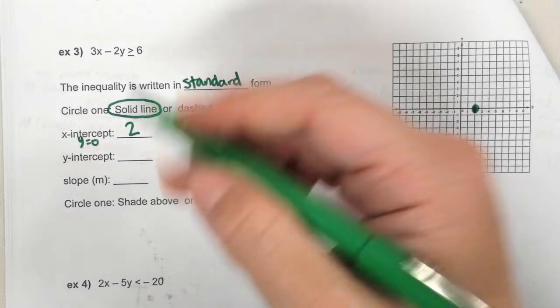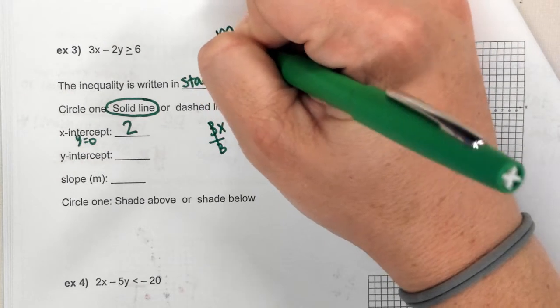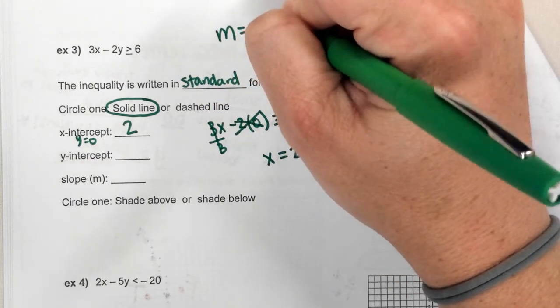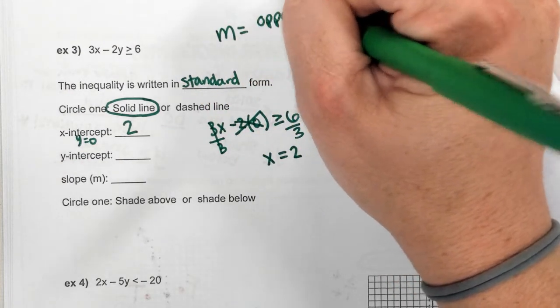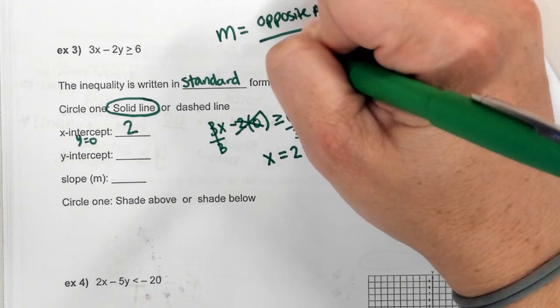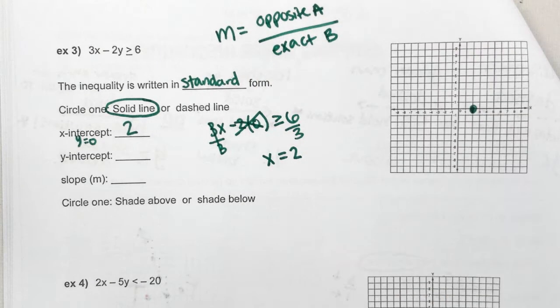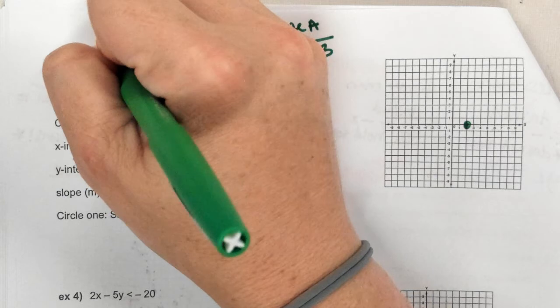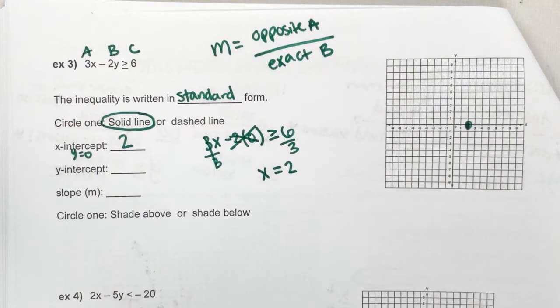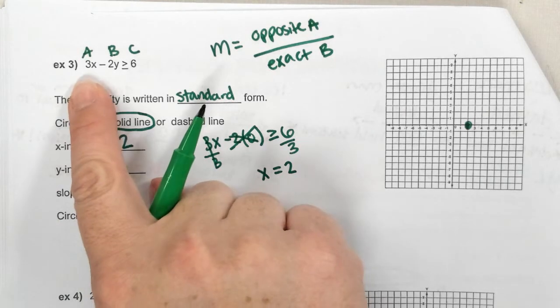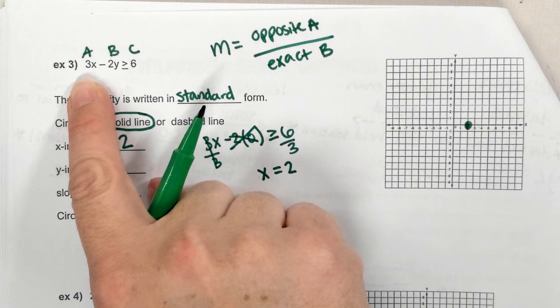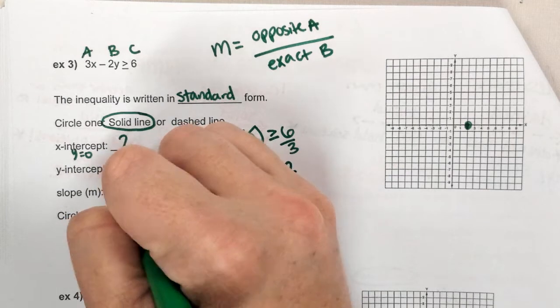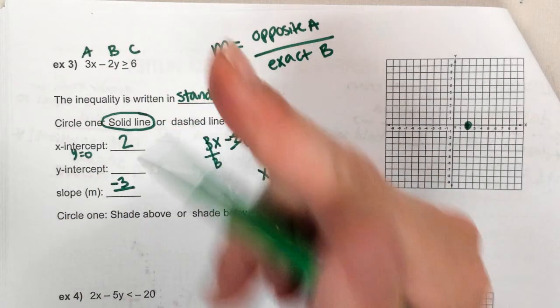So how do I find slope from standard form? Opposite A over exact B. I'm going to write it in words versus negative A over B because some people are getting confused with it. So what is the opposite of my A? Negative 3 over exact B, negative 2.